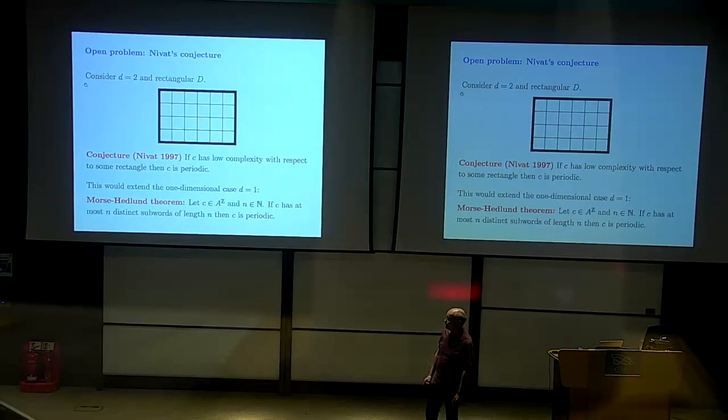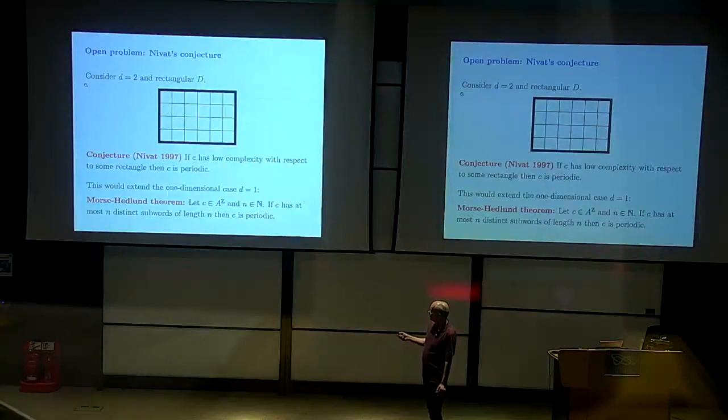This conjecture is a very natural generalization of a well-known and not very difficult result for 1-dimensional colorings. This is the so-called Morse-Hedlund theorem.